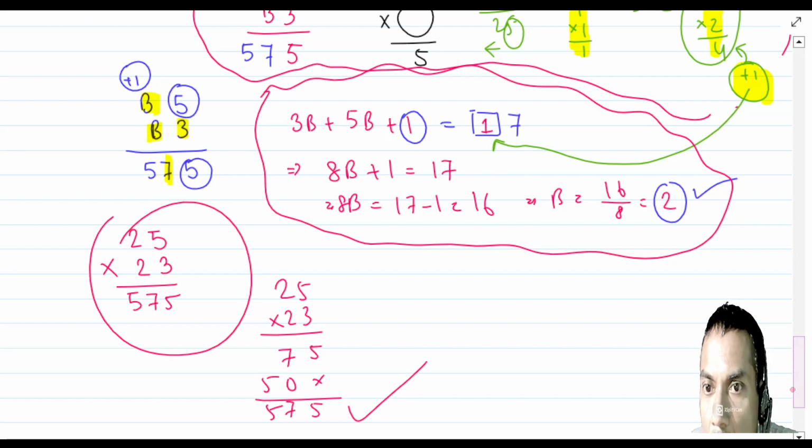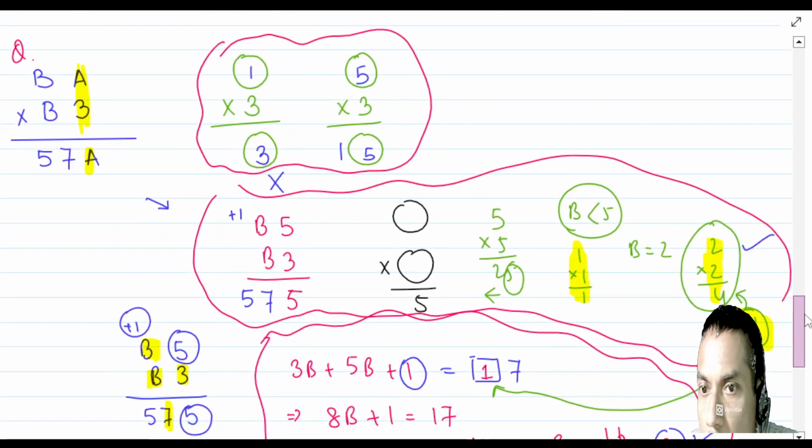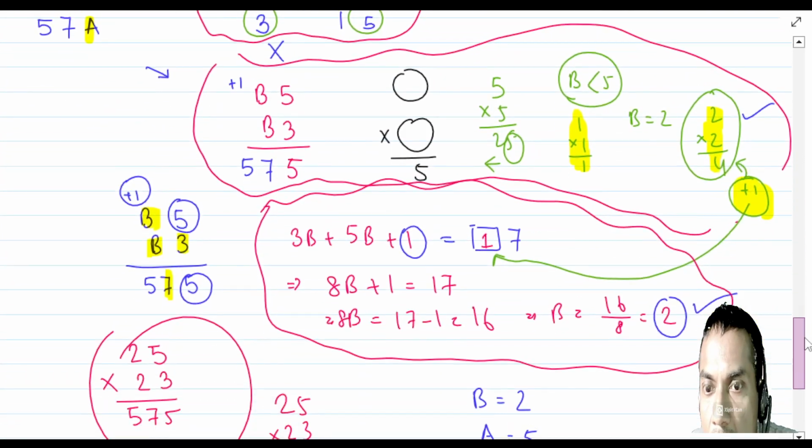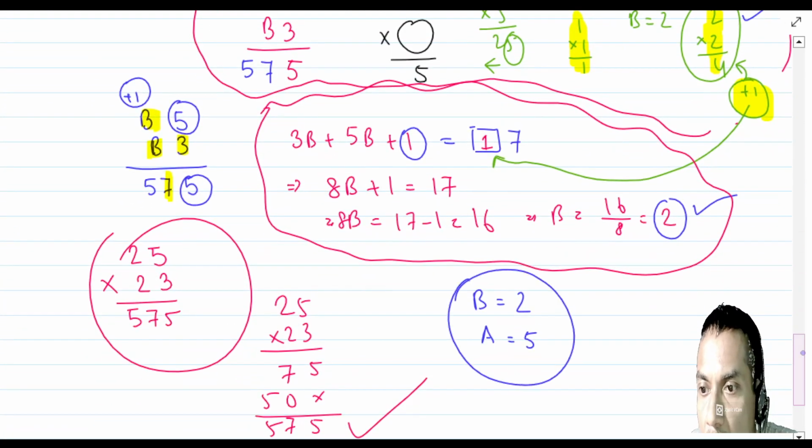So B is 2 and A is 5. So this is the answer.